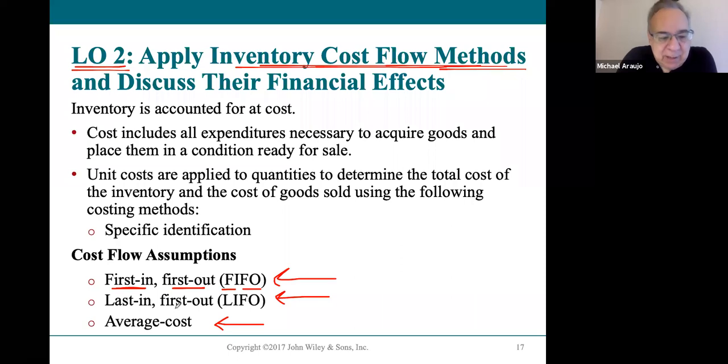Another method that's available for companies is called LIFO, which of course is what a lot of accountants tell their kids: would you please get a LIFO? In this case, they look at it the opposite way. The last inventory that came in the store, because remember, companies are buying inventory all the time. It's not that they buy it once and it sits on the shelf and that's it.